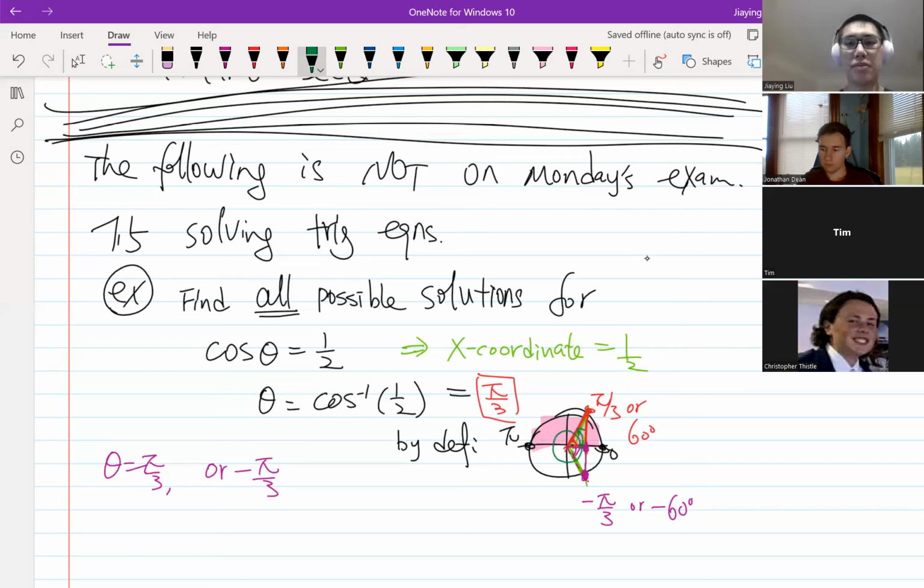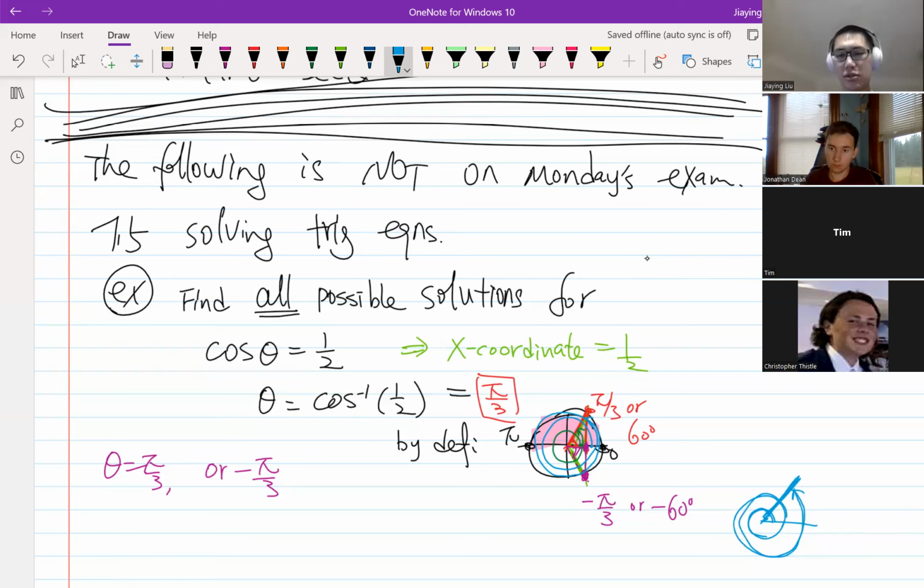Suppose I did not stop there, but started on the x-axis, went a full circle and another full circle, and came back there. That's also the same cosine value.